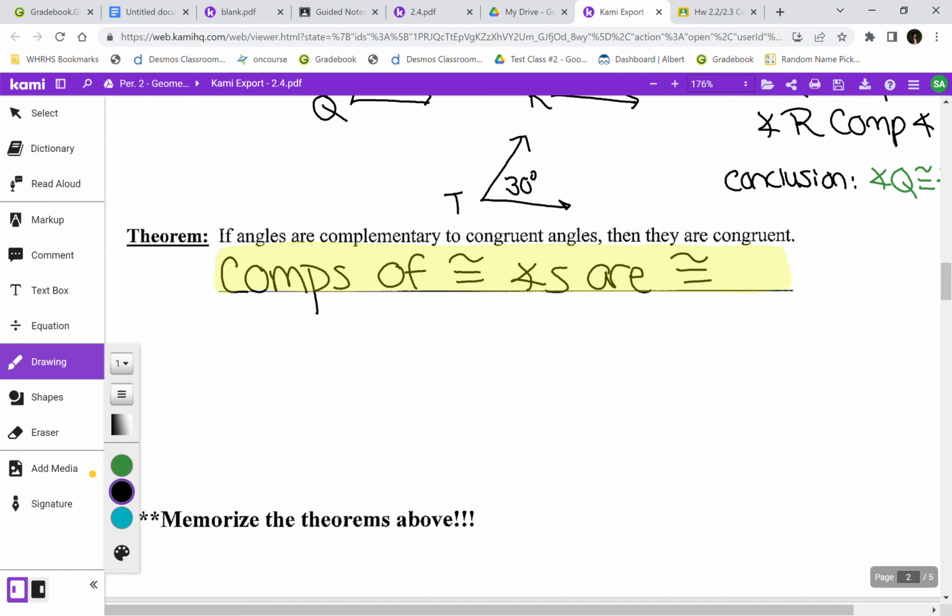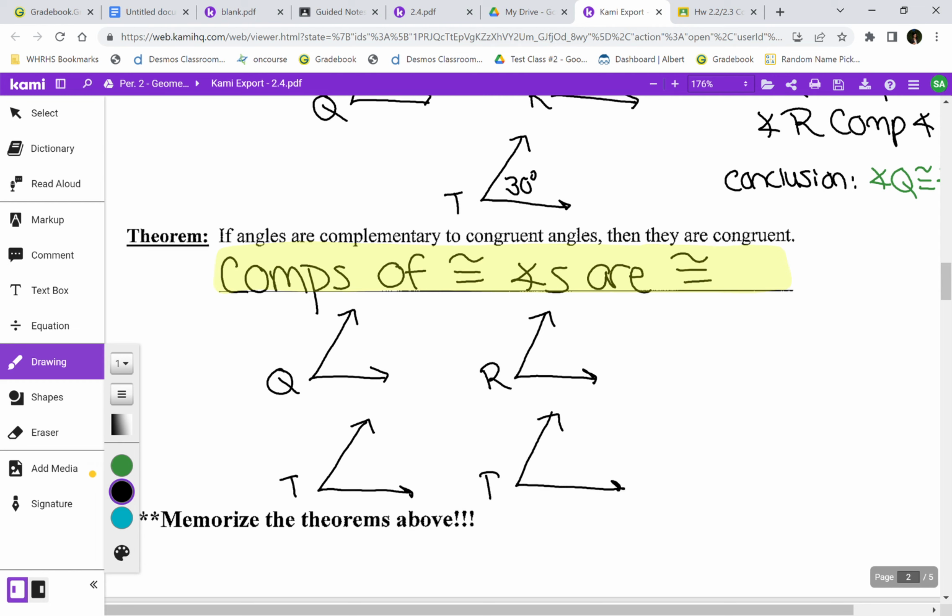So again, now we're dealing with four angles. And let's say angle T is 30 degrees.